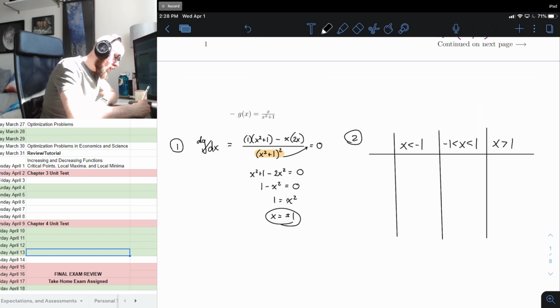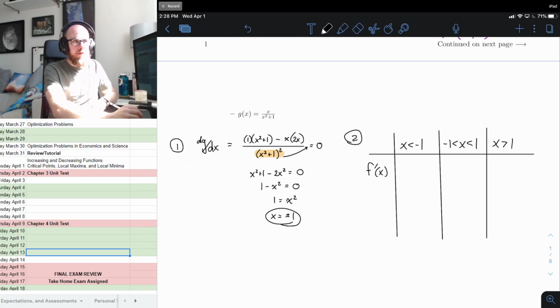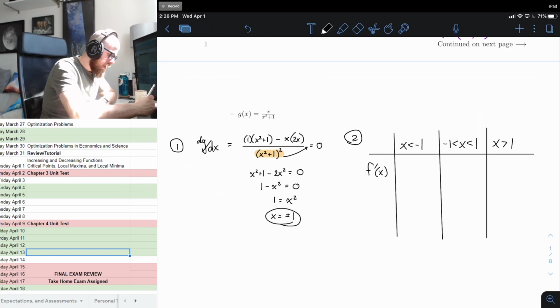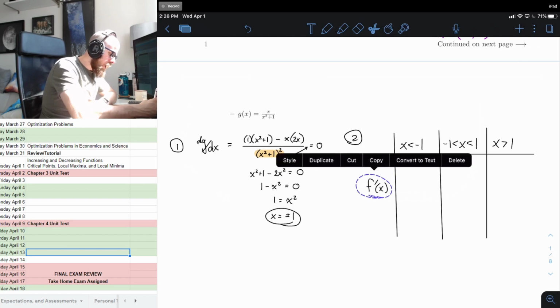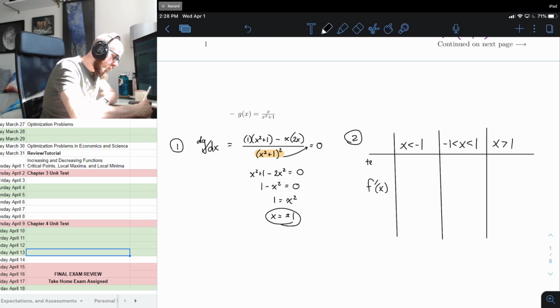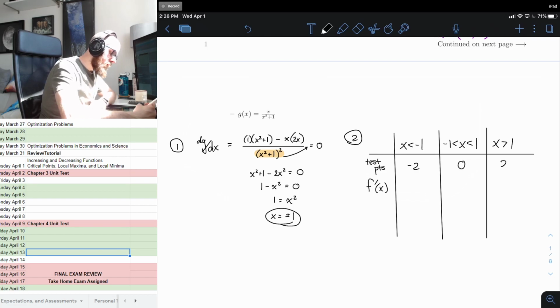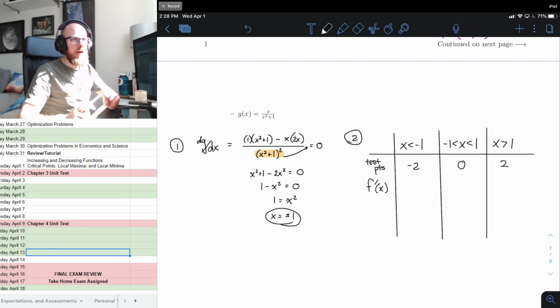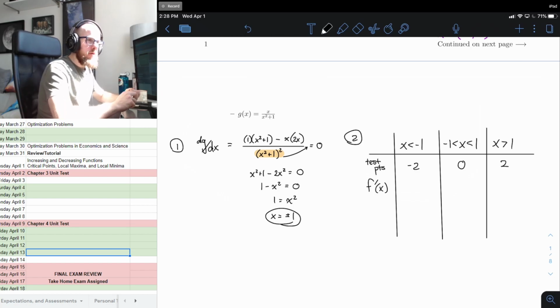Okay. And I'm interested in what the values of my derivative are within each of these intervals. So again, if you'd like, you can pick some test points. Less than -1, so -2, maybe 0, and +2 as our test values. All right, I'm going to plug each of those in and see what we get.